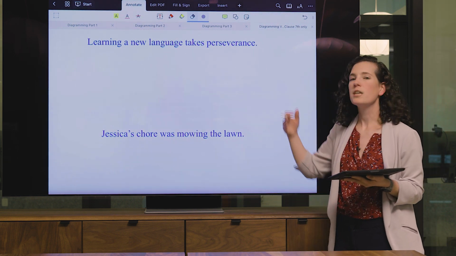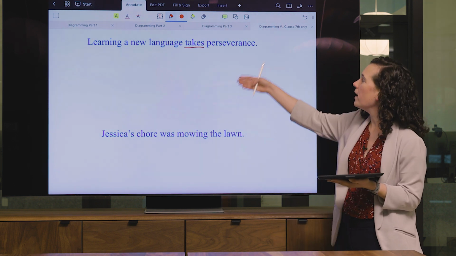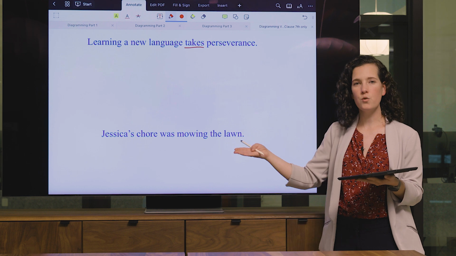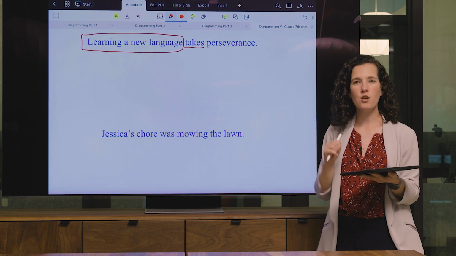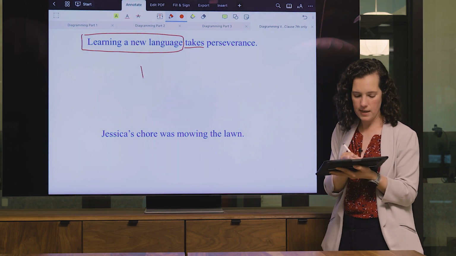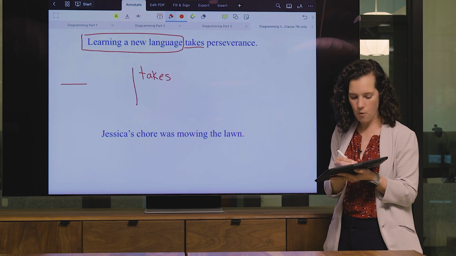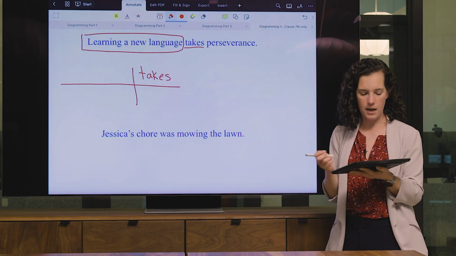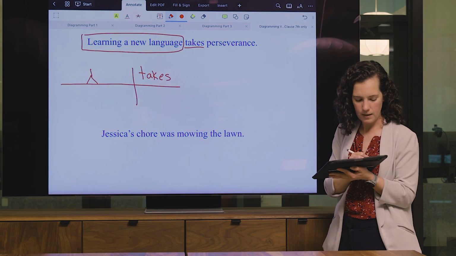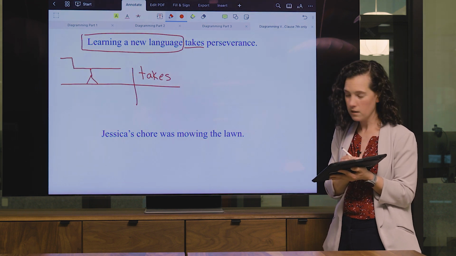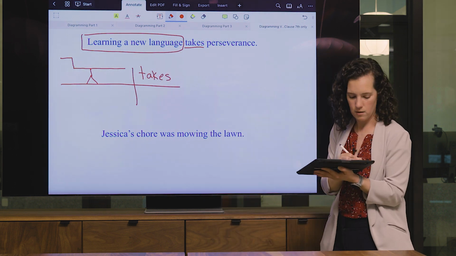Learning a new language takes perseverance. Our verb is takes. What takes perseverance? Learning a new language. So this whole phrase acts as our subject. Takes goes here as our verb. And now we have this gerund phrase to diagram. We draw our stilt sort of shape and our stairs, but we're going to make this a little bit longer because we have to leave room for an object.